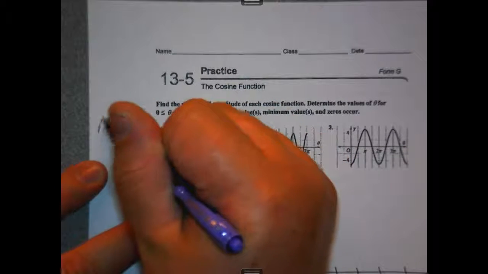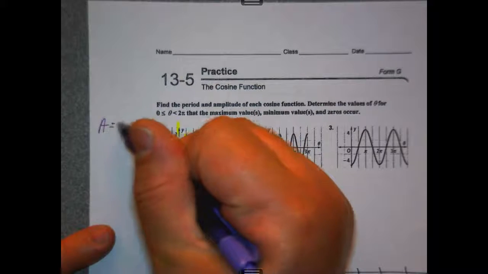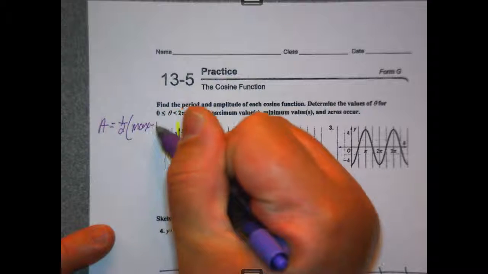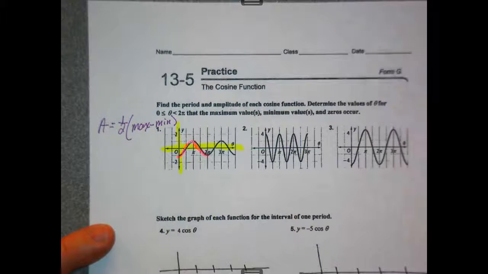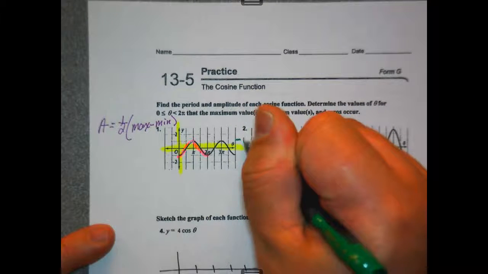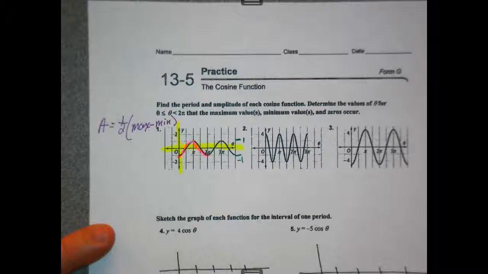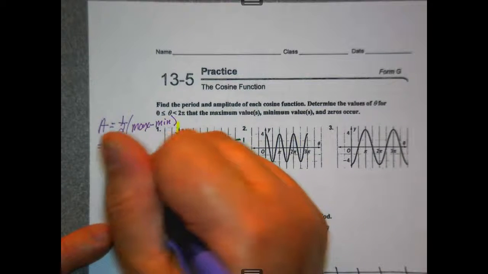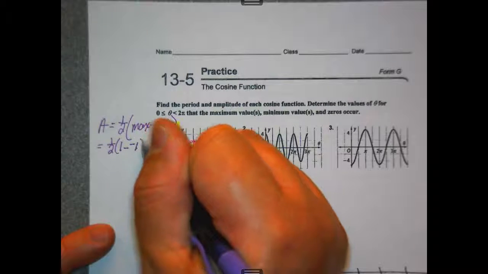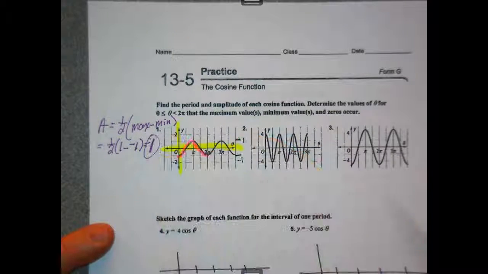Amplitude. When we have a graph, how do we find the amplitude? One half max minus min, right? Okay, our max is positive 1, min is negative 1. That's going to equal one half of positive 1 minus negative 1, which is 2, half of 2 is 1. So amplitude is 1.